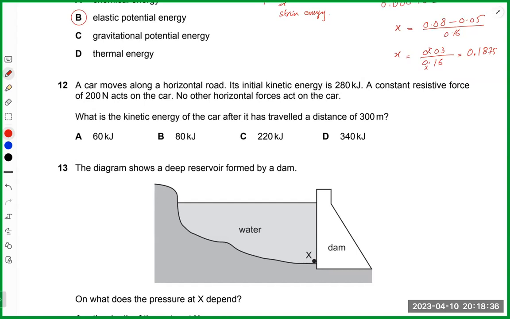So, a car moves along a horizontal road. Its initial kinetic energy is 280 kilojoule. A constant resistive force of 200 Newton acts on the car. No other horizontal forces act on the car. What is the kinetic energy of the car after it has traveled a distance of 300 meters?